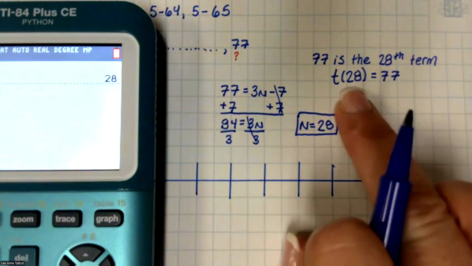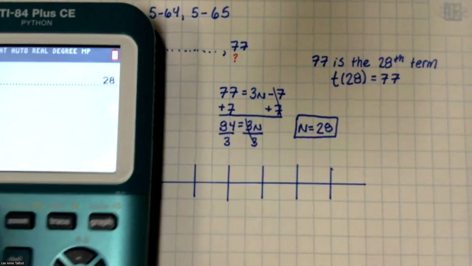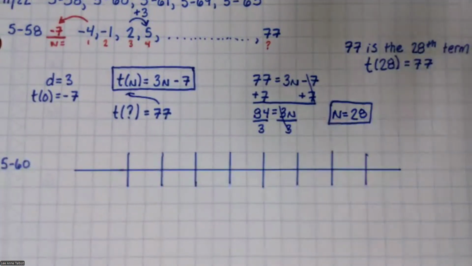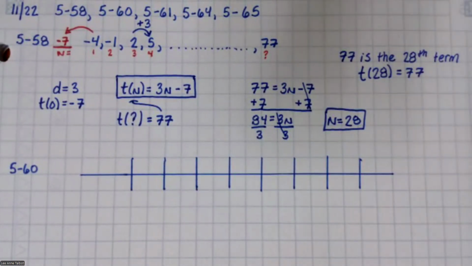So this is saying term 28 is 77. Okay, one done. 4 to go.